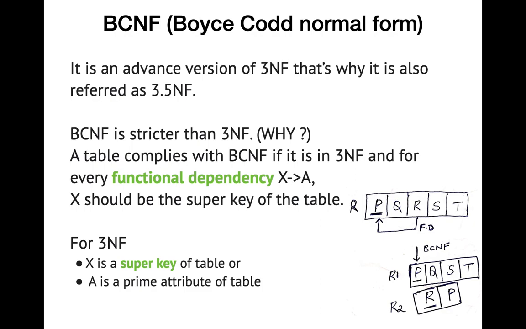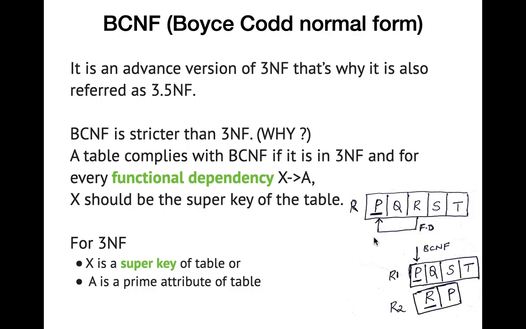Let's look at an example. Consider a relation R with attributes P, Q, R, S, T, and a functional dependency R gives P. Imagine this is the only dependency.